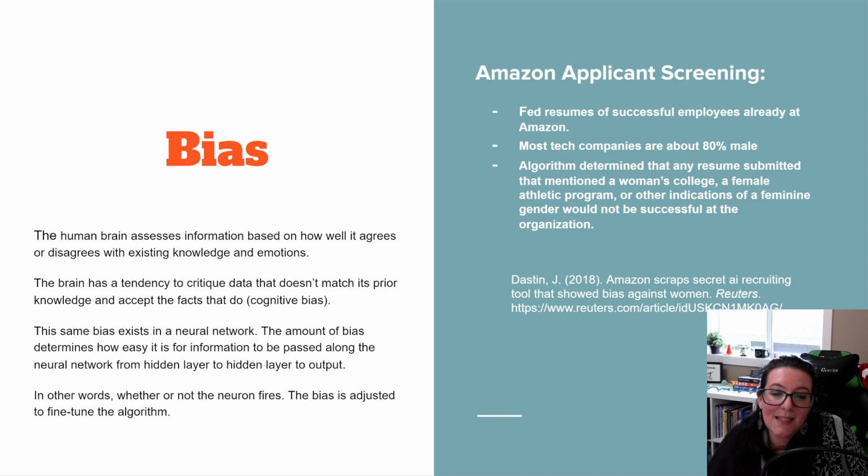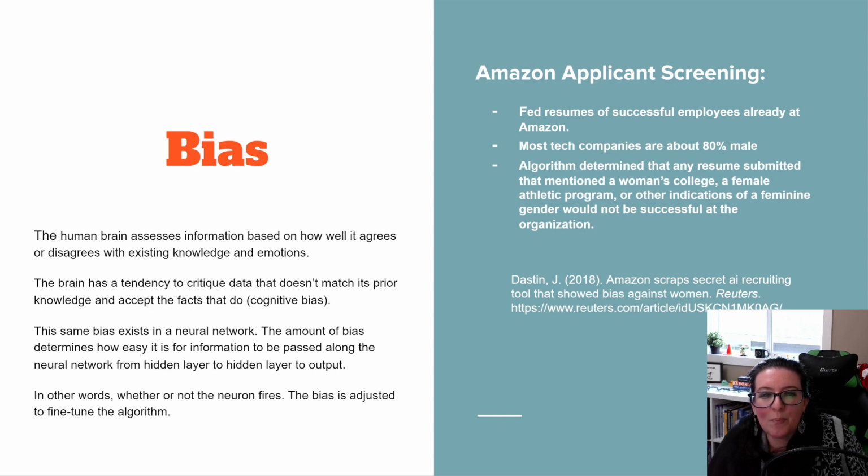In this case, the input data was based on successful employees already at Amazon, and most tech companies are about 80% male, which means all the data that it was being fed was about men. So the algorithm determined that any resume submitted that mentioned a women's college, a female athletic program, or other indications of feminine gender would not be successful at the organization.